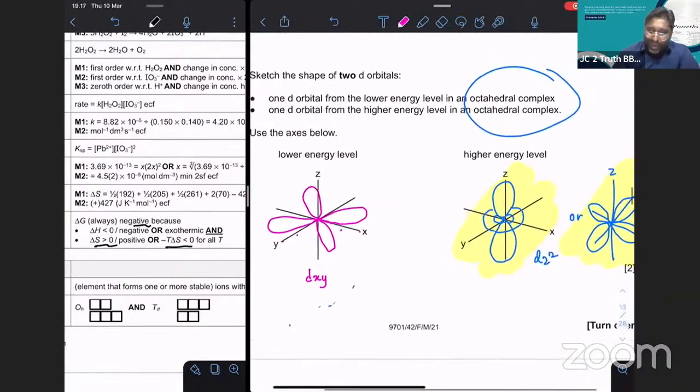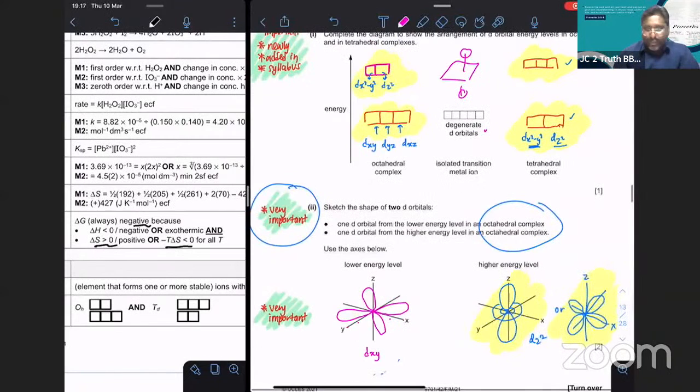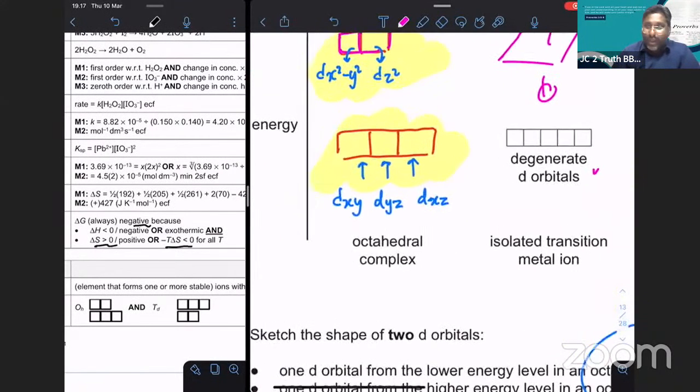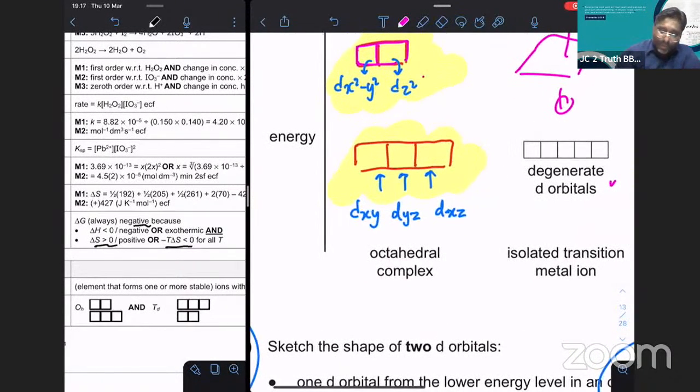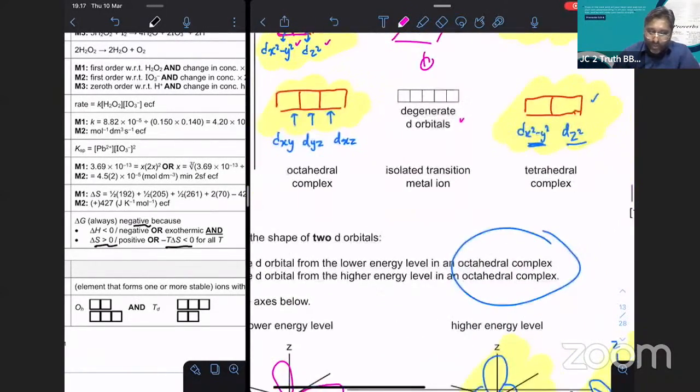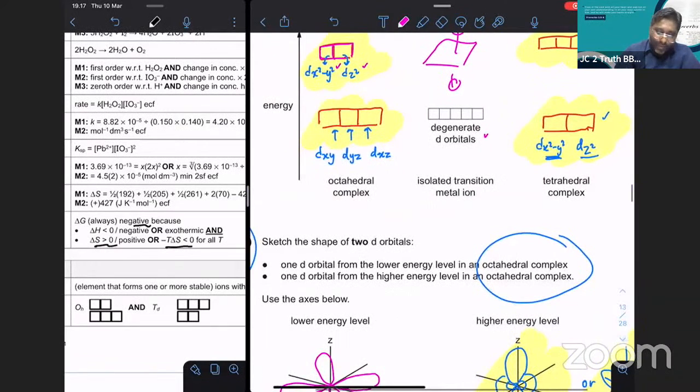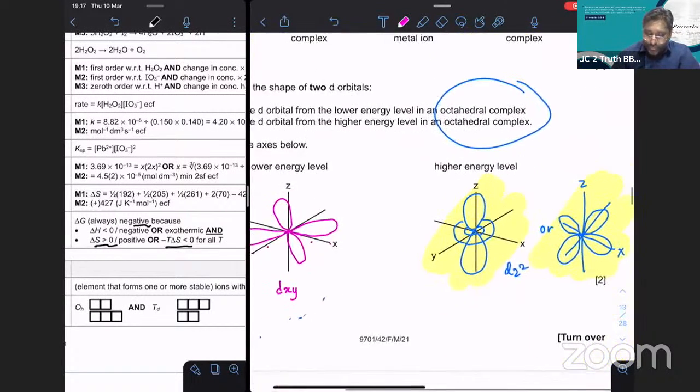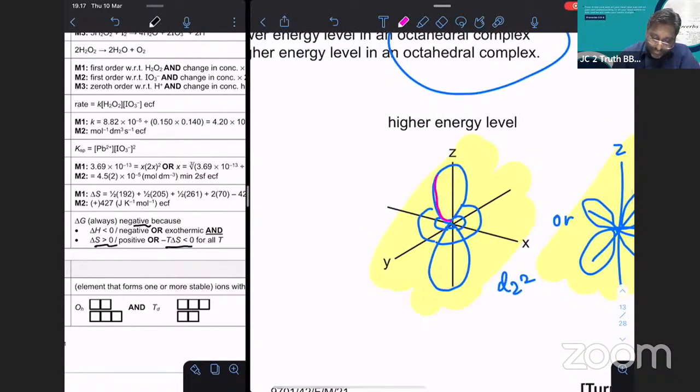Now the higher energy level is very important, because there you have two types, this one and this one. If you want to draw, you need to be very careful. Let's draw the simple one, dz square. dz square is going to be along the z axis.